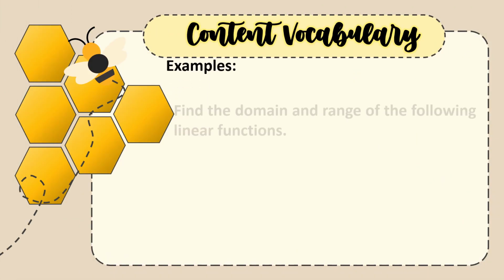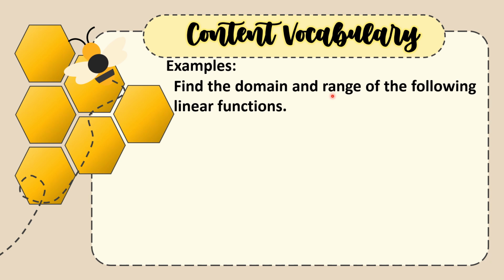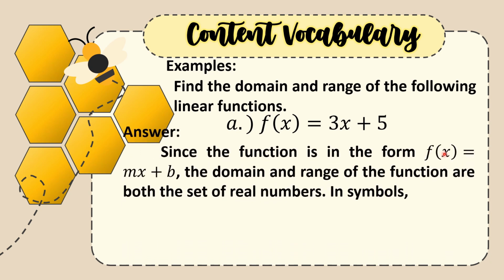Now let's have an example. Find the domain and range of the following linear functions. Let's have first letter A. f of x is equal to 3x plus 5. Since the function is in the form f of x is equal to mx plus b, the domain and range of the function are both the set of real numbers.